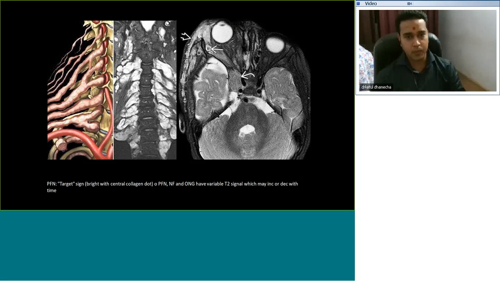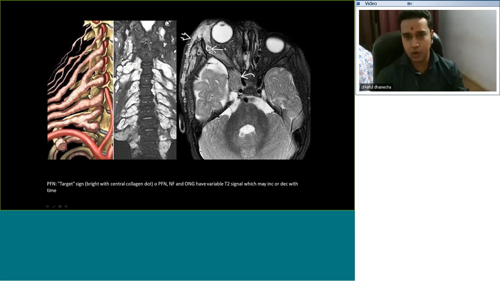This is a rope-like large plexiform neurofibroma. You can see multiple along every nerve root, significant rope-like thickening of the exiting nerve roots. This is the classical example of plexiform neurofibroma. In the third image you can see sphenoid wing dysplasia, with an absent sphenoid wing.